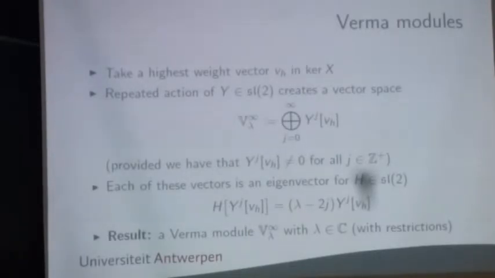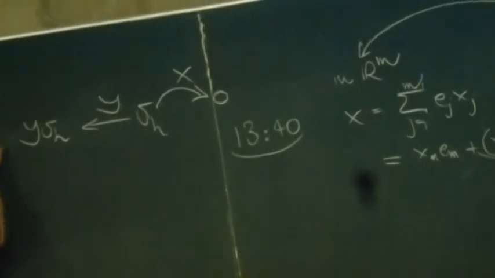It's maybe actually easier to draw such a Verma module. So I start from VH. VH is killed by x acting trivially. And then I use y to make y VH, and then I make y squared VH, and so on. And I keep doing this until I have an infinite string. So it's like an infinite string.